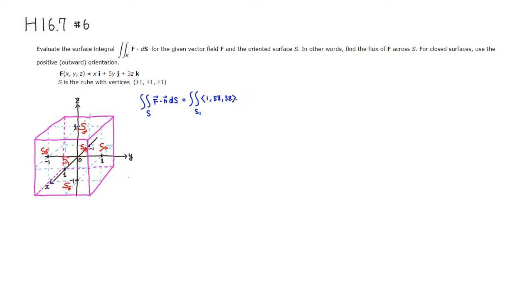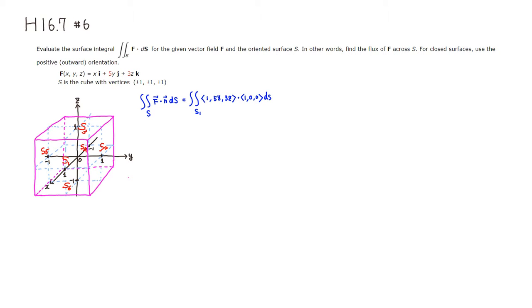In this case, the normal vector is pointing in the positive x direction, so the normal vector is just the vector i, which I'm going to write as 1, comma 0, comma 0. Then we have a dS.